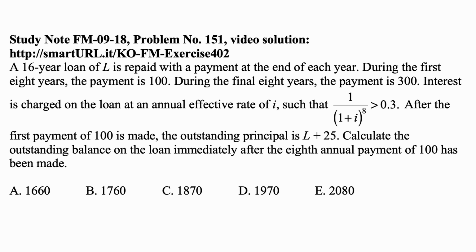So you can see from this, by the way, that these payments of 100 are kind of small in relation to what needs to be paid for two reasons. First, you need to make much larger payments in the last 8 years, but also the statement that after the first payment of 100 is made, the outstanding principal is L plus 25 is telling you that the payment of 100 was not enough to decrease the balance of the loan.